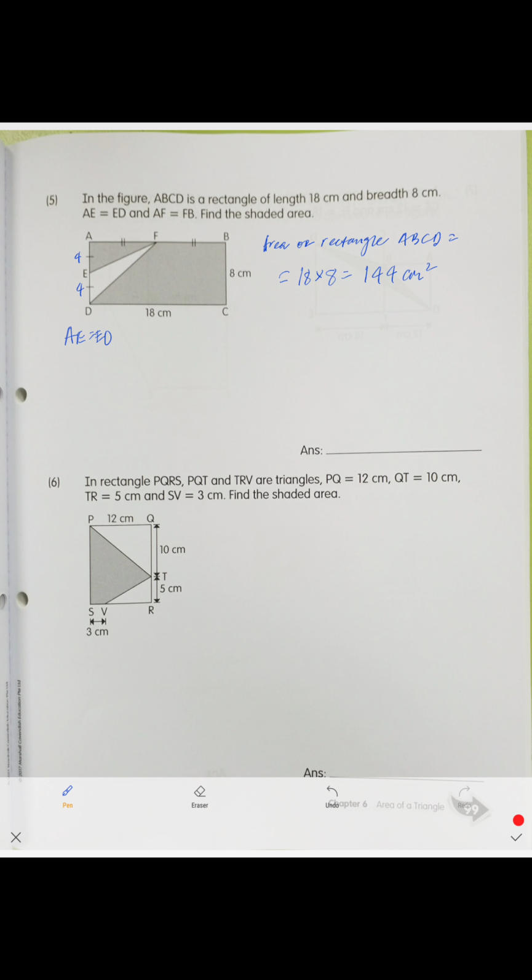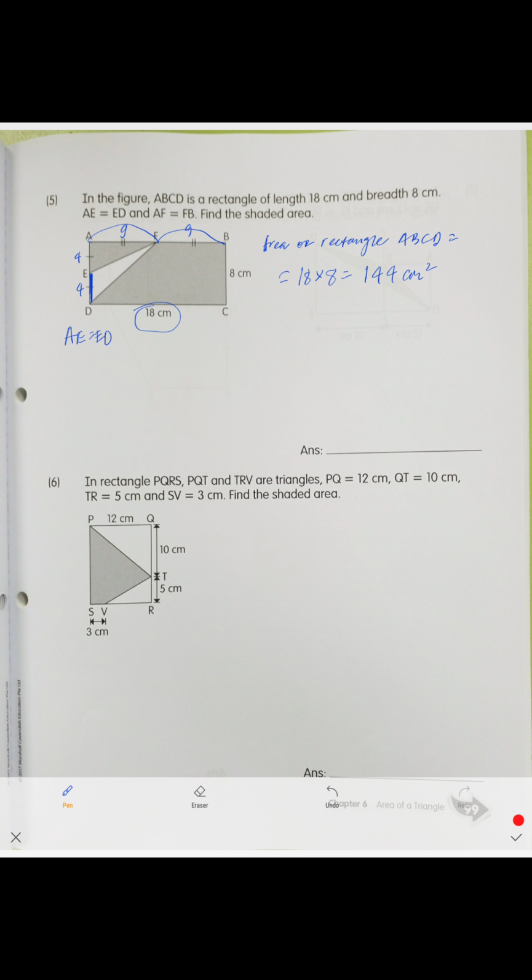That's the base of the triangle, and then we prolong it and put the perpendicular line, and this is the height. The height is half of 18, so basically 9 and 9.